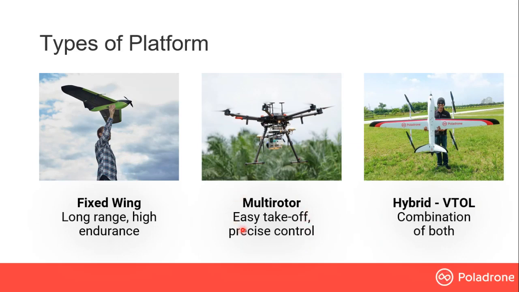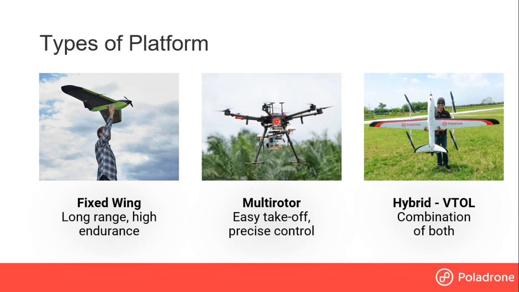The second one is called the multi-rotor. I believe this is the most common drone that everybody knows. Multi-rotors come in different sizes and with different numbers of propellers. The one you see in the photo has 6 propellers. There are 4 propellers, 6 propellers, 8 propellers, in different sizes and shapes. The good thing about the multi-rotor is that it is very easy to control, and it takes off just like a helicopter.